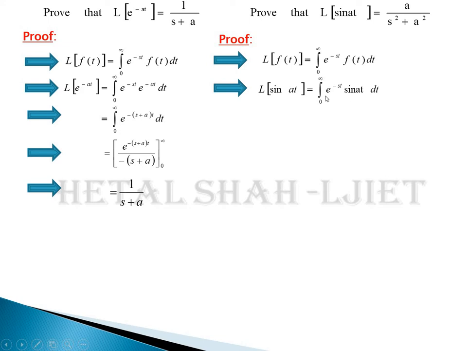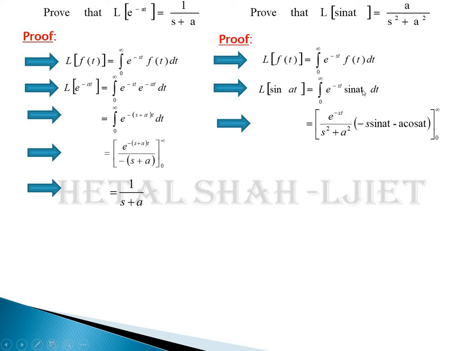Now what to do for the integration of exponential and the sine term? You already learned this formula in a previous standard. Let me recall it for you. When you have an exponential term and sine, and you want to integrate this term, then e raised to minus st, keep it the same. The multiple of t is minus s, so minus s square, that is just s square.